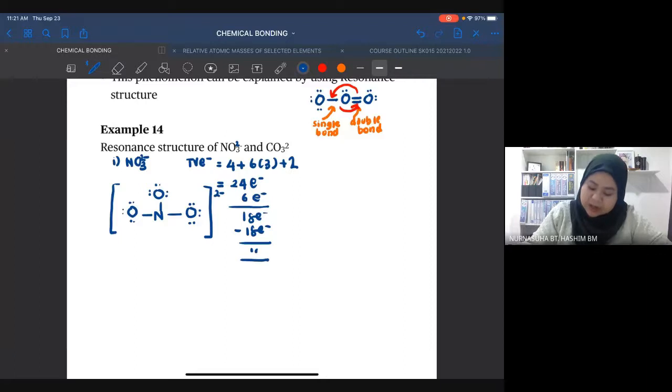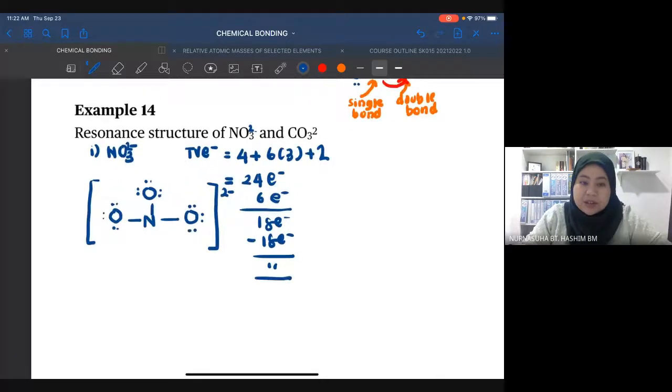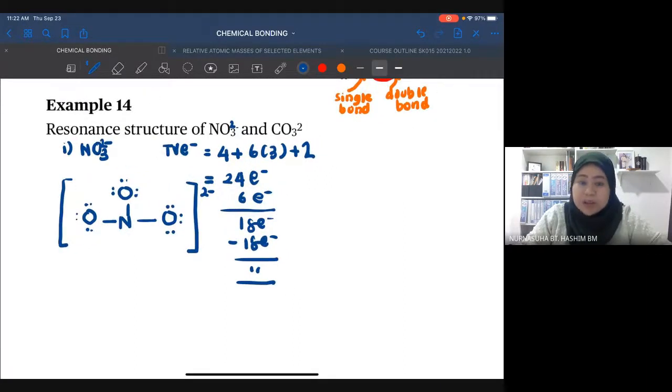Okay, double check the compound tu semua octet ataupun tidak. Oh, sorry, ya, nitrogen 5, sorry. So 5 tambah 18, so 23.